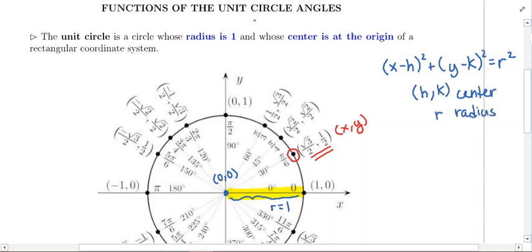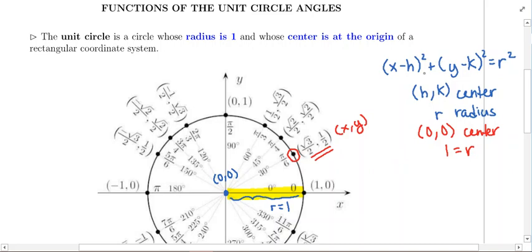So for the unit circle, the center is at the origin, so (0, 0) is the center, and the radius is 1. You could plug that information into the generic formula for a circle. I always tell students to think of this formula as a template.